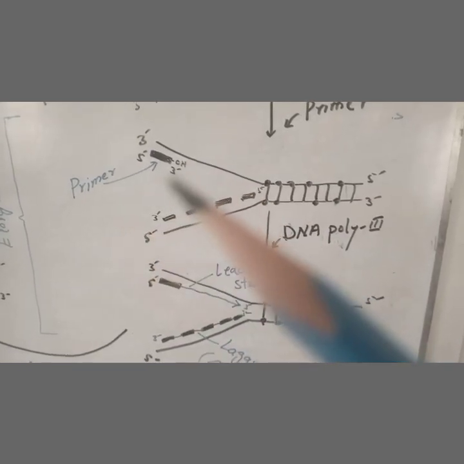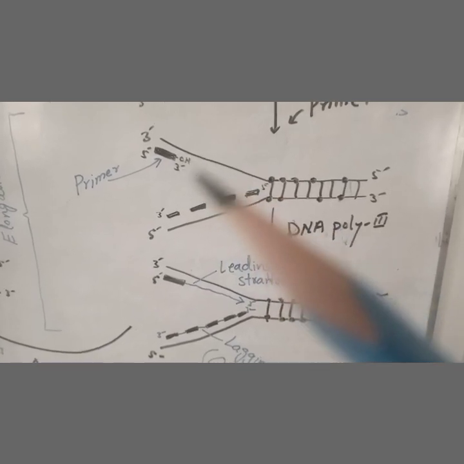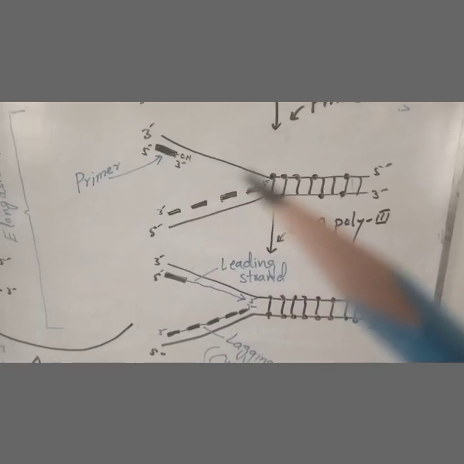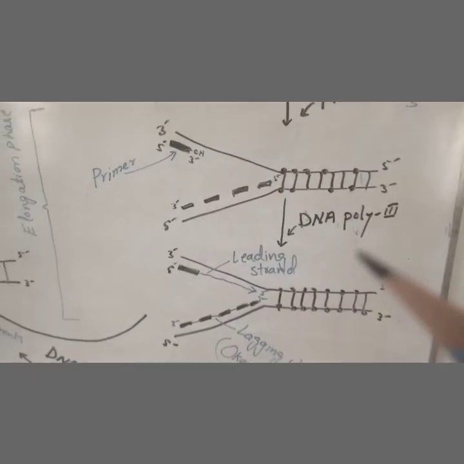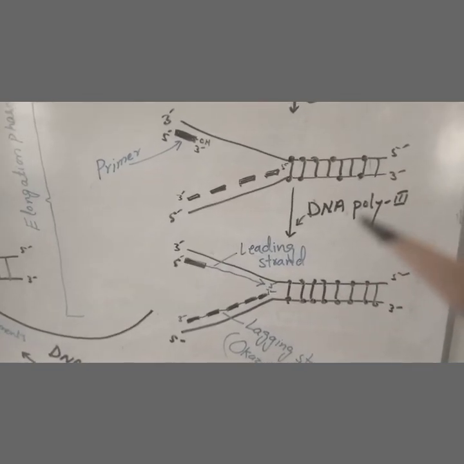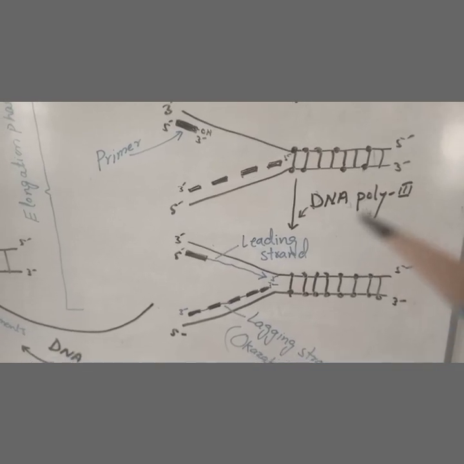Each primer has a free hydroxyl group at the 3' end to bind the incoming nucleotides to form the new strand. Then DNA polymerase 3 comes, which is involved in the synthesis of the new strand.